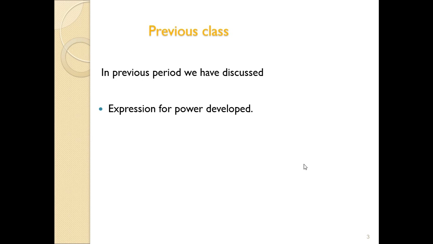At that point, the power developed is called the maximum power developed. The maximum power is at alpha equal to 90 degrees. That is the load which can be borne by the motor.